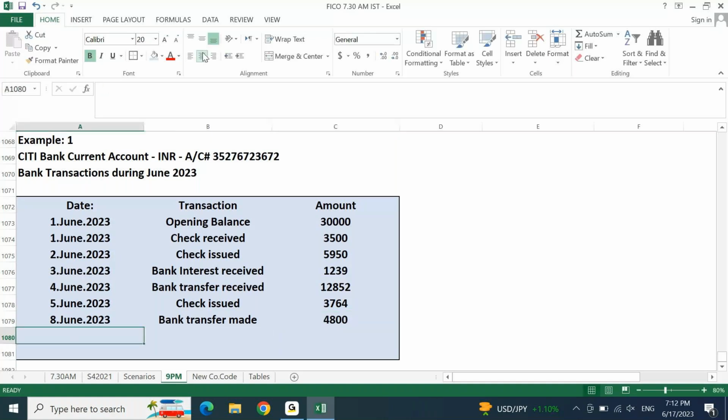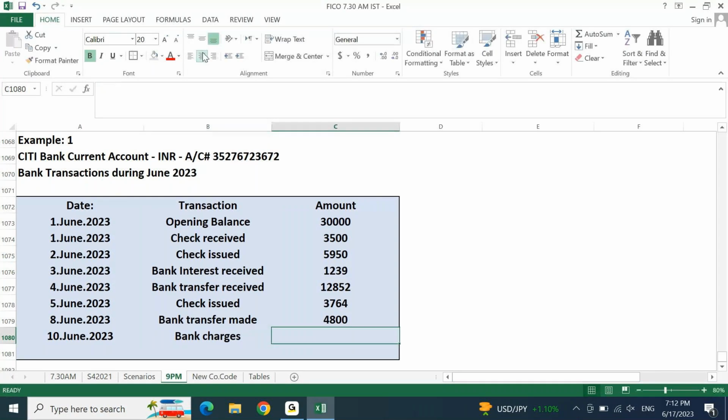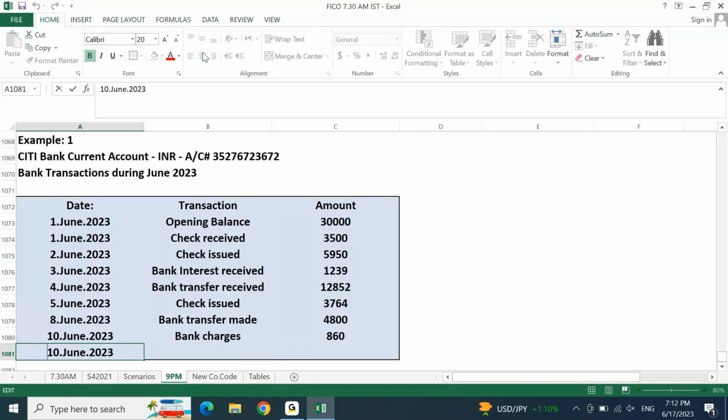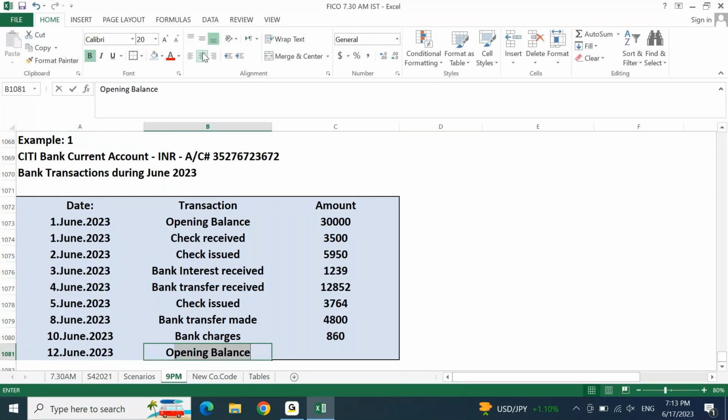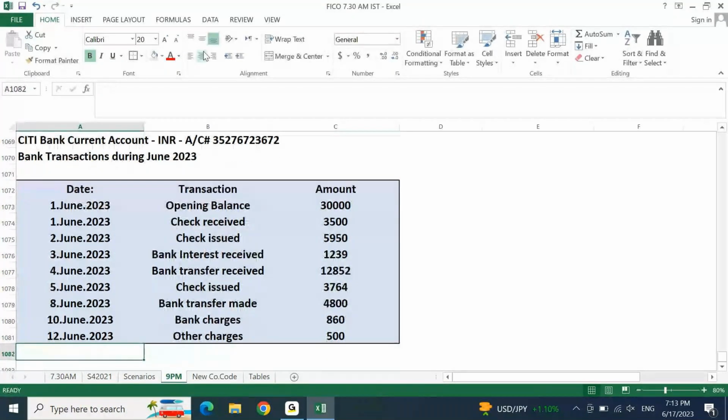Similarly, on 10th, I'll say bank charges 860, and finally I'll take on 12th June other charges 500. Assuming this is the bank statement.